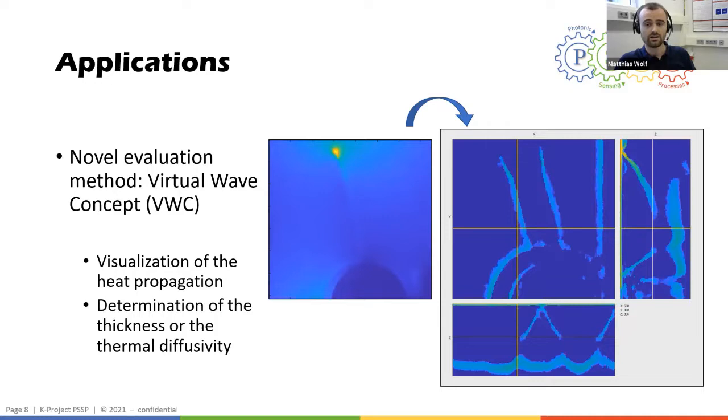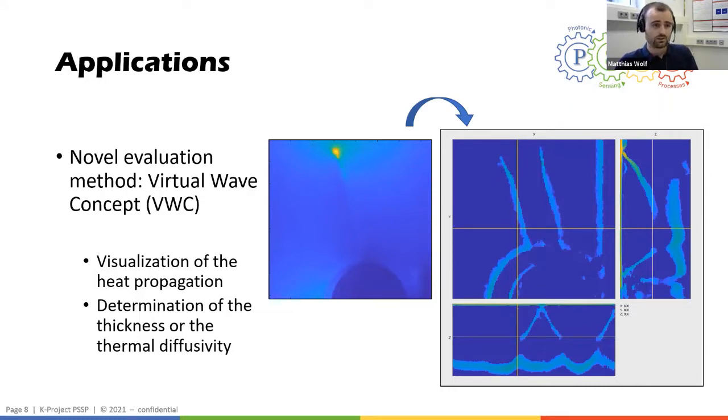Another key benefit is that these result images are almost similar to the B-scans of ultrasonic measurements, if you might have noticed, and these results can hence also be used to estimate the thickness of the sample or to determine thermophysical properties.